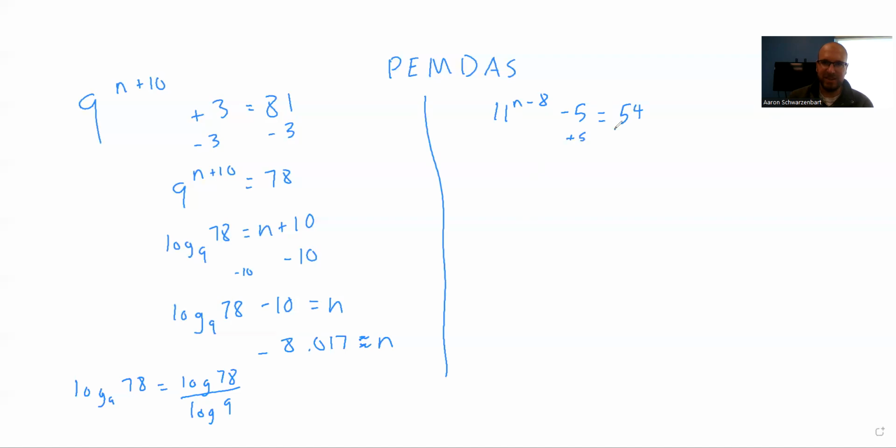I'll start by adding 5, to get my exponential by itself. 59. I will convert to logarithmic form. So that's log base 11 of 59, and minus 8. And then I'll add 8 to both sides. I should probably put a parenthesis to indicate that my log is ending there.